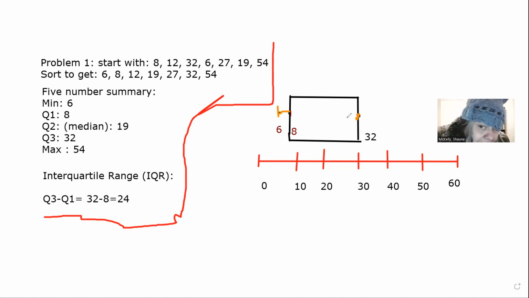Now we also have a maximum. Our maximum is 54. So somewhere out here, almost in the middle, I'm going to make another point. Okay. This point is 54. Now, that's my max. This is 54 here. Okay. Now I have a longer whisker out here. So I'm going to draw my whisker from my third quartile.